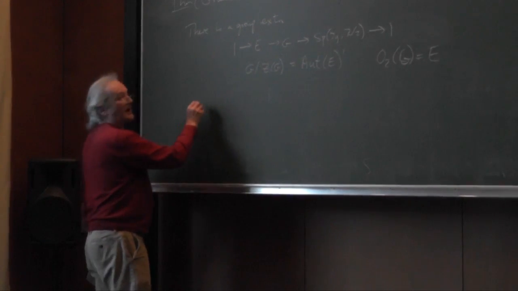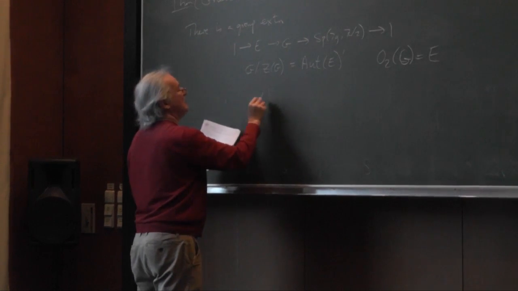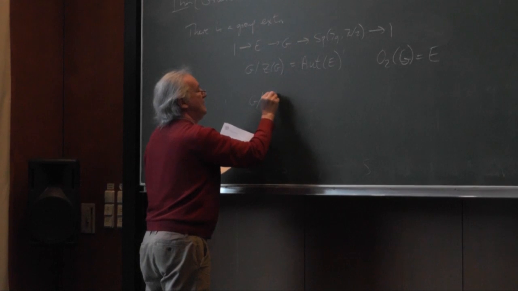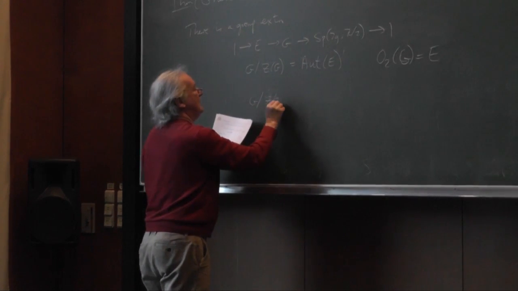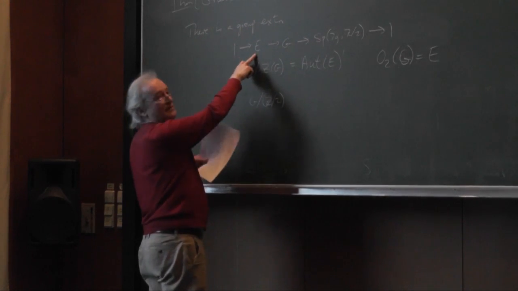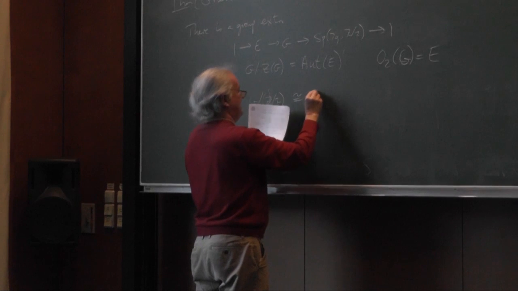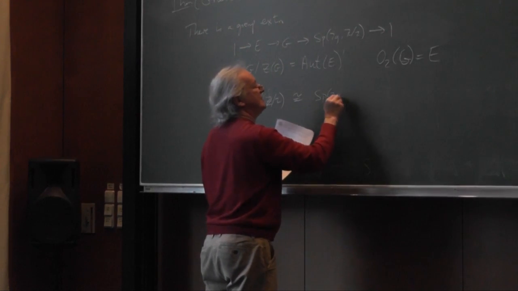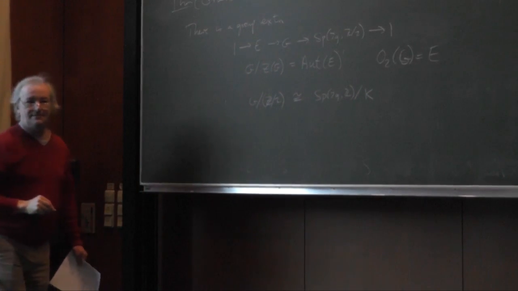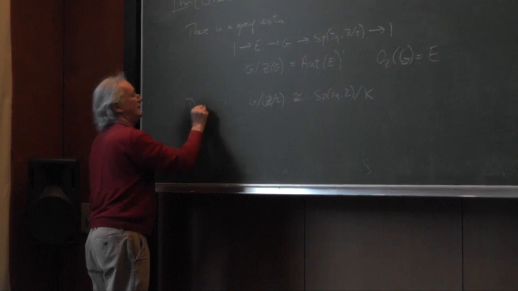So by Dent-Wolf's theorem, we have that G modulo the central element of order 2, the Z mod 2 at the bottom of E, is isomorphic to Sp2g Z mod k. This comes from Dent-Wolf.